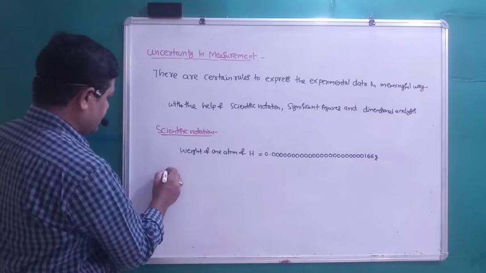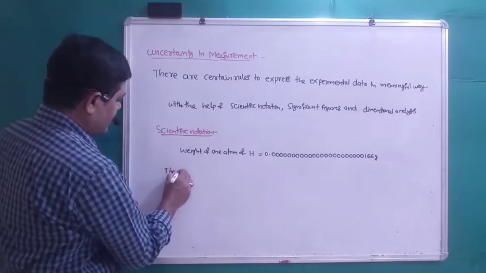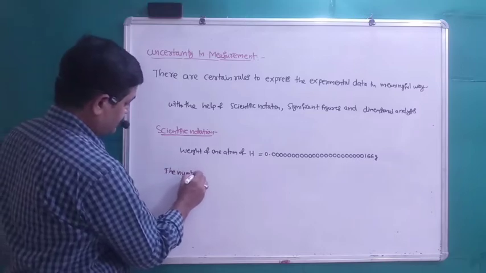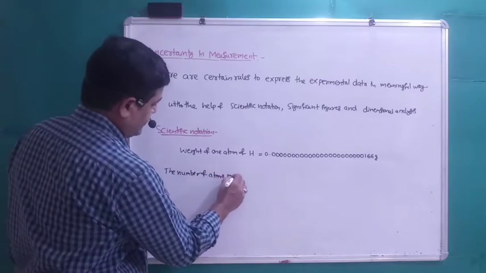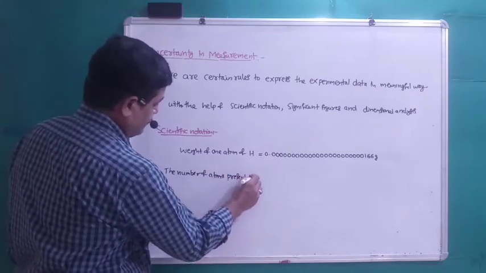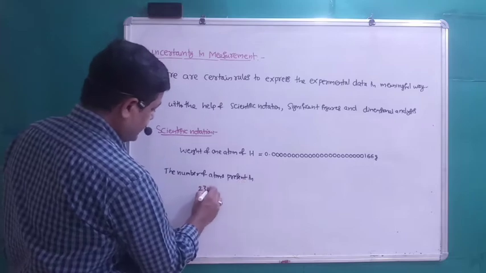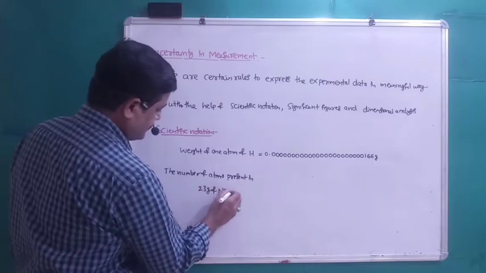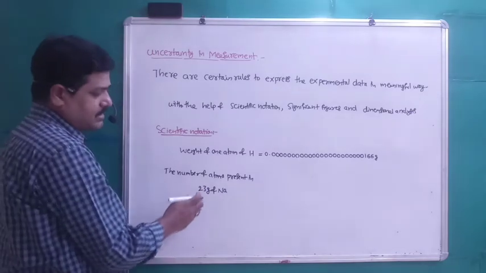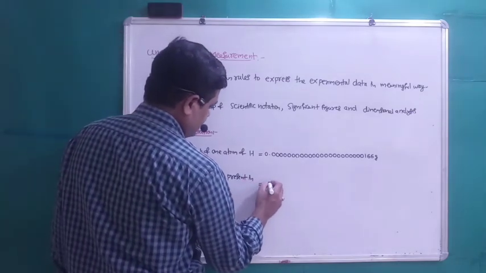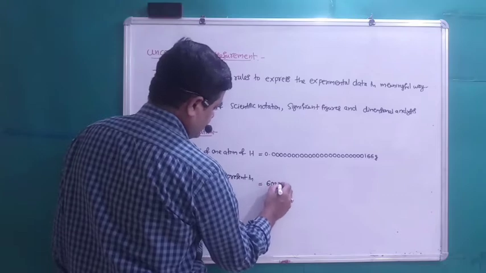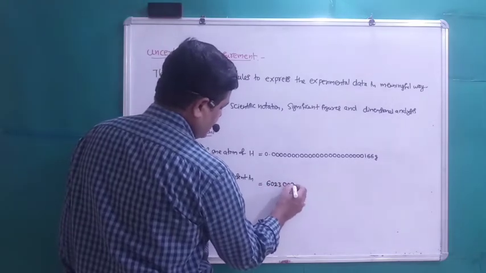And take the number of atoms present in 23 grams of sodium. The number of atoms present in 23 grams of sodium is equal to 6.023 followed by 20 zeros.